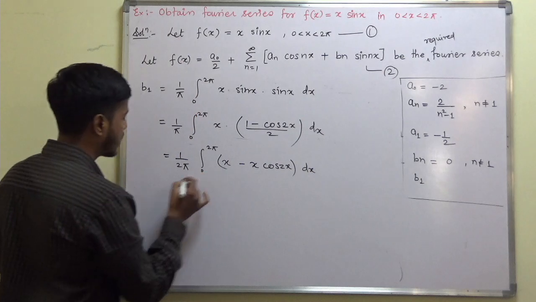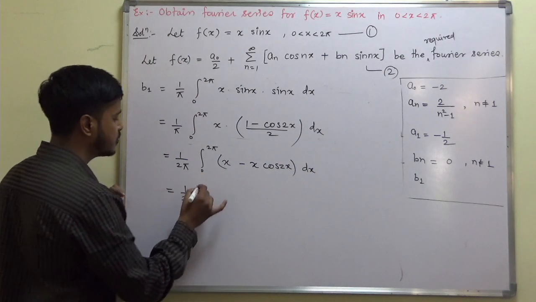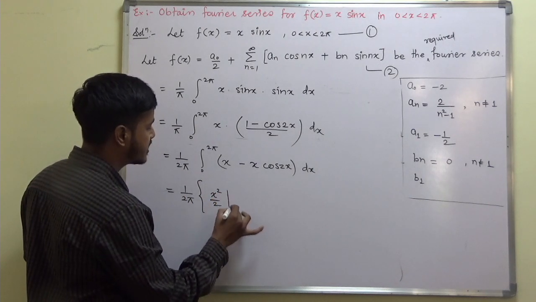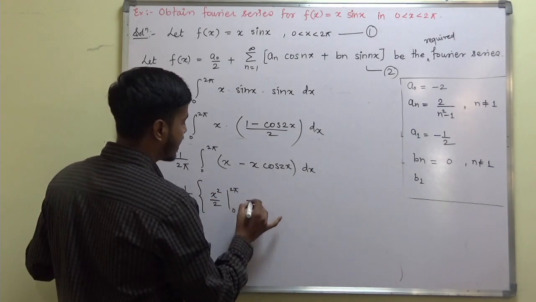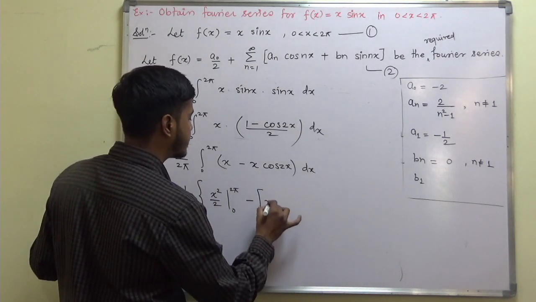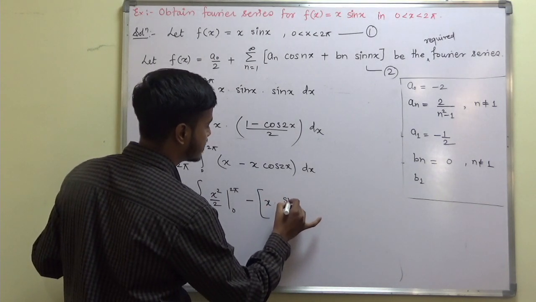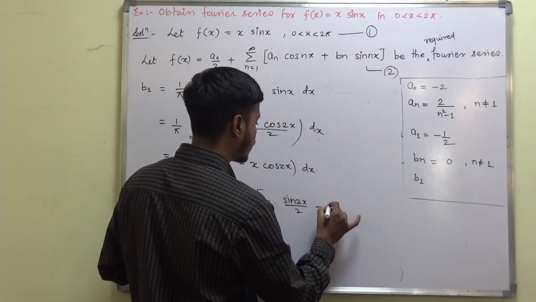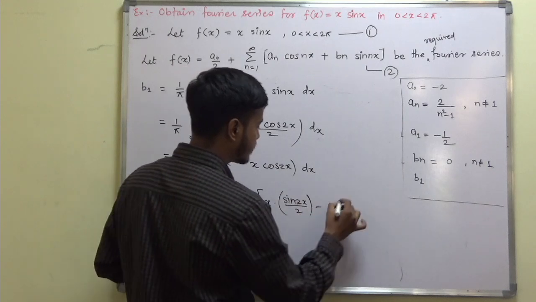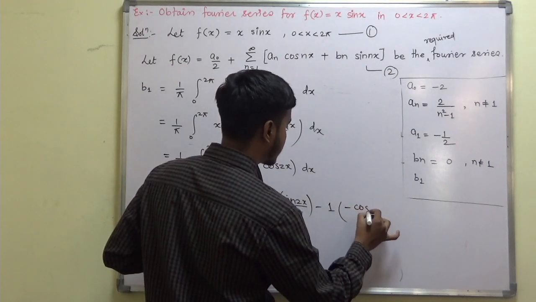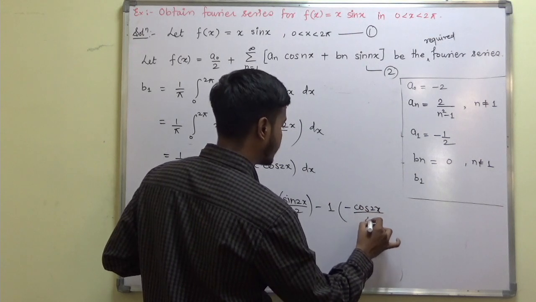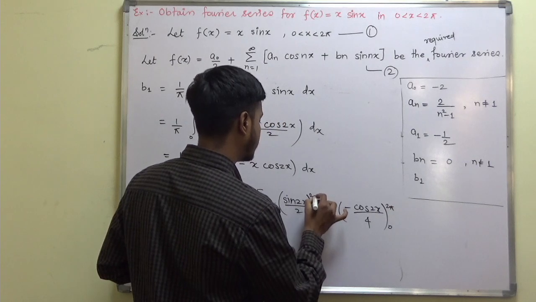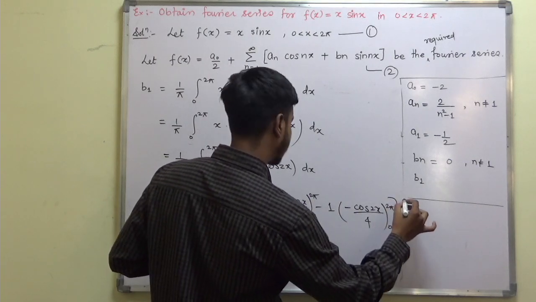Now you can apply the integration by parts. So this is 1 by 2 pi. Integration of x is x square by 2, limit 0 to pi, minus, apply here integration by parts, x into cos 2x. So this is sine 2x by 2 minus derivative of first is 1, integration of this is minus cos 2x by 4, limit 0 to pi.